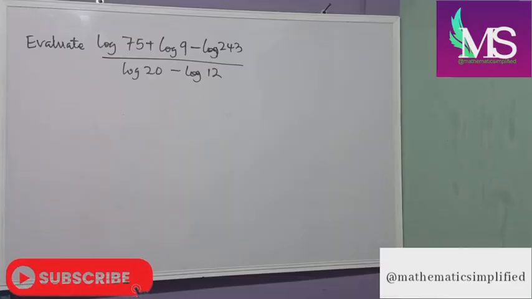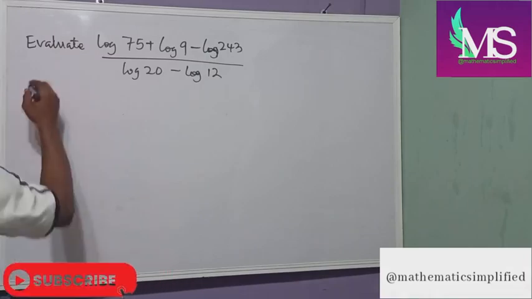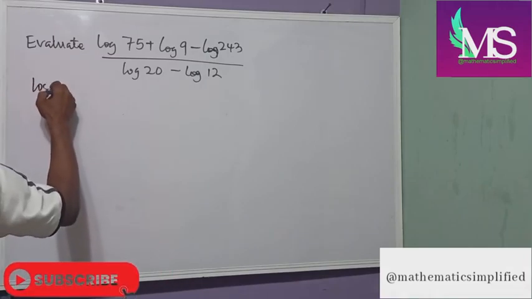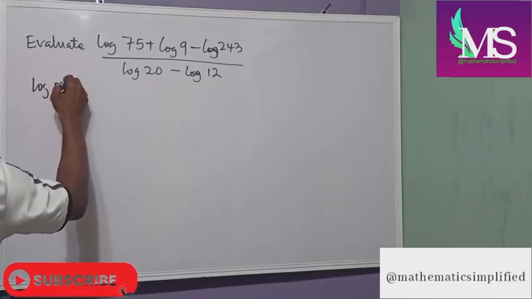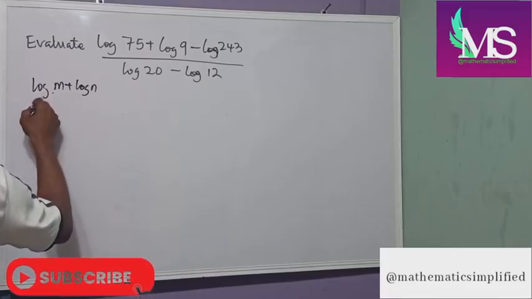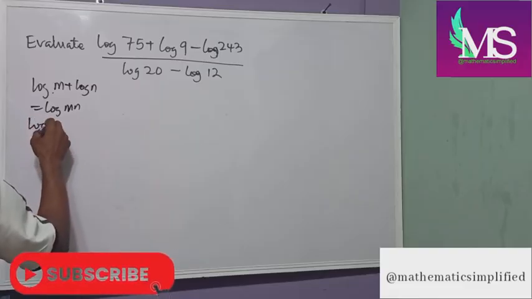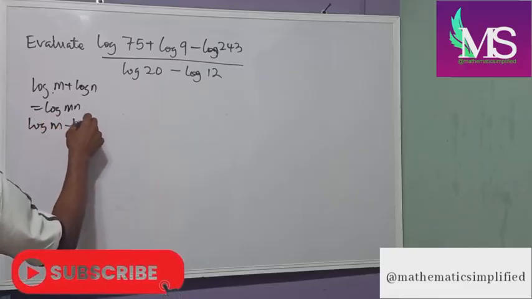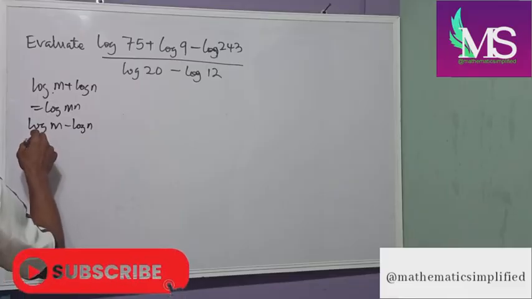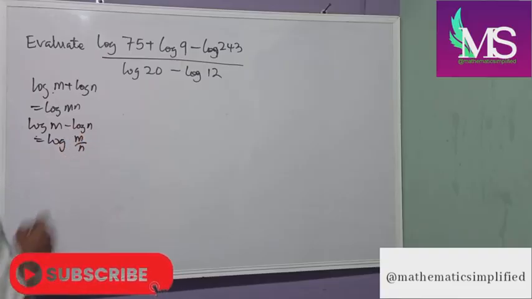Since all the logs are in the same base, we can apply our log law that says log m plus log n, we are having it as log mn, and log m minus log n, we are having it as log m over n.